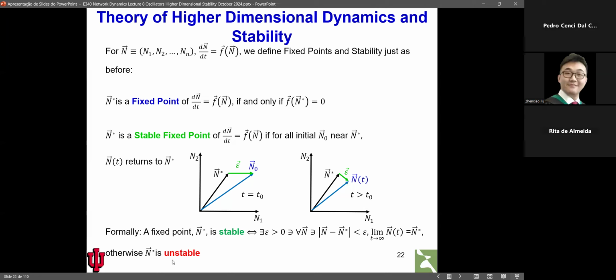This is the way of saying it formally: a fixed point n star is stable if there exists a value of epsilon larger than 0, such that for n vector that belongs to the neighborhood around n star that is less than epsilon, then the limit of t tending to infinity of the trajectory of this starting point is going to be the fixed point.